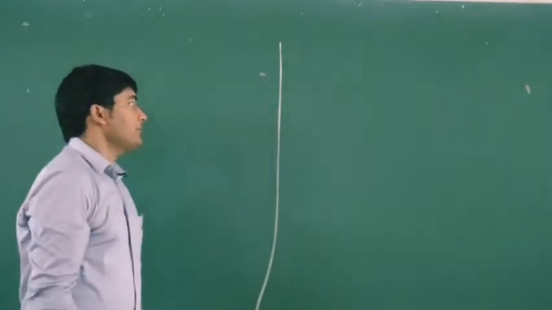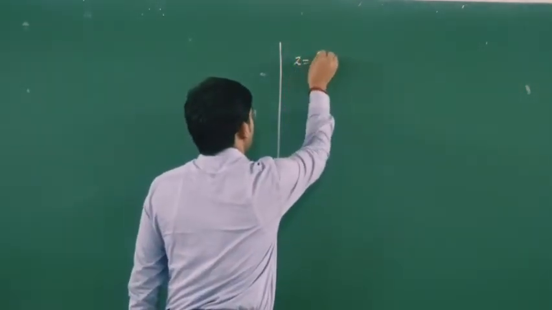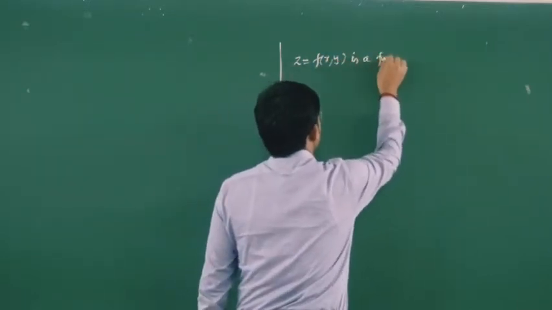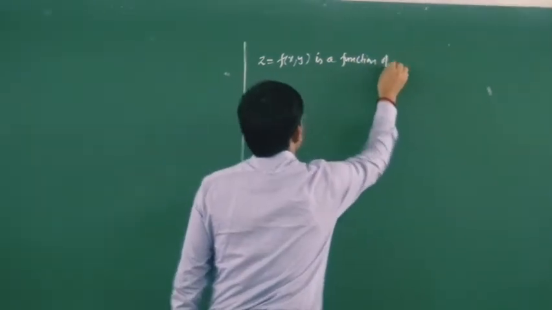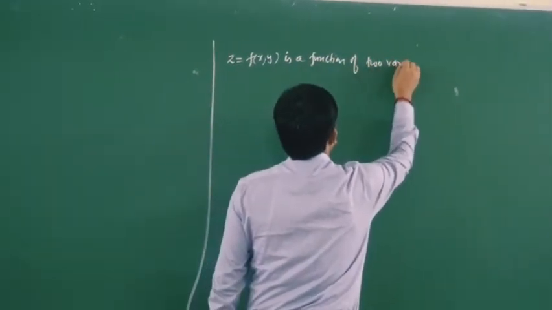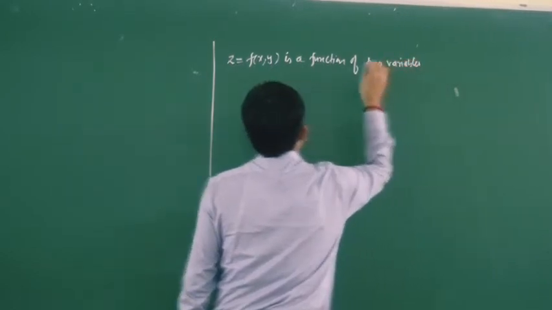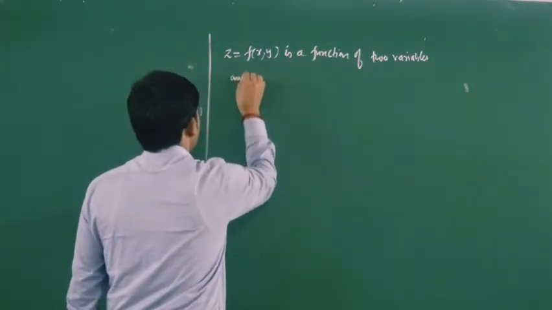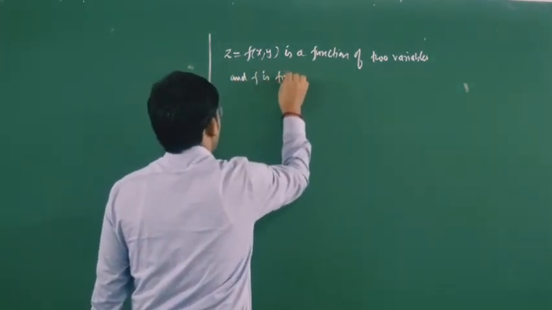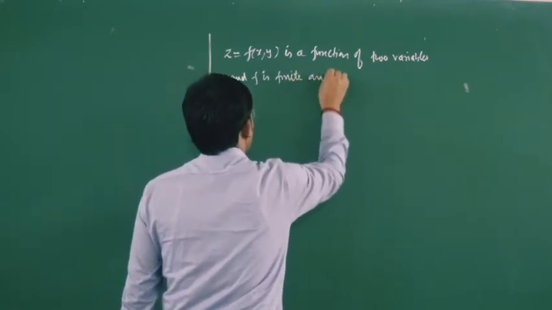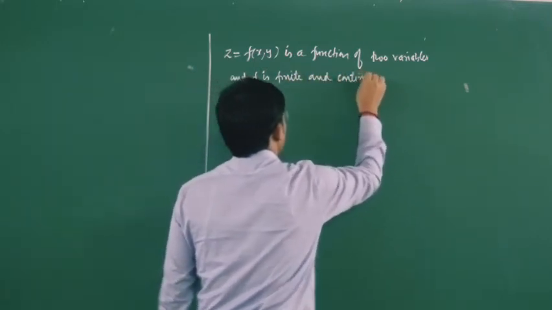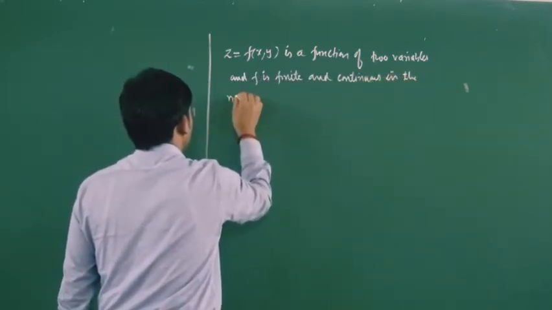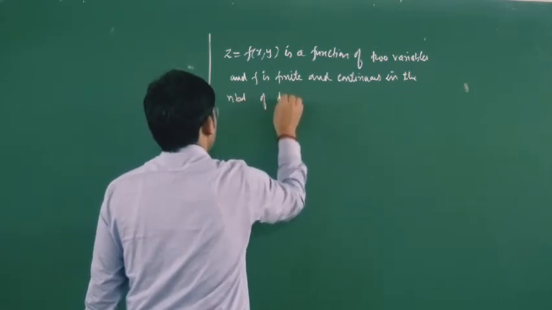So let us assume that z equal to f of x, y is a function of two variables, where x and y are independent and f is finite and continuous in the neighborhood of point (a, b).